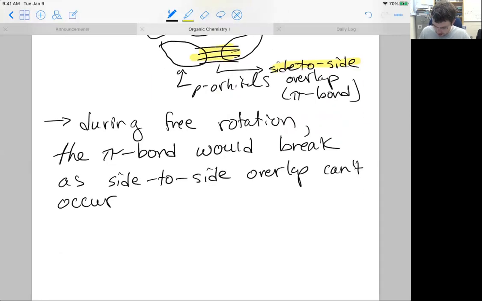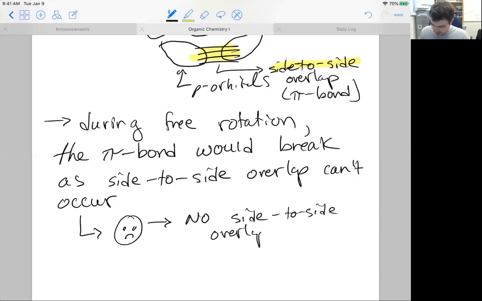So rotating, and I guess the way to react to this is to just be sad. If we can't have side-to-side overlap, we get no pi bond. Okay.